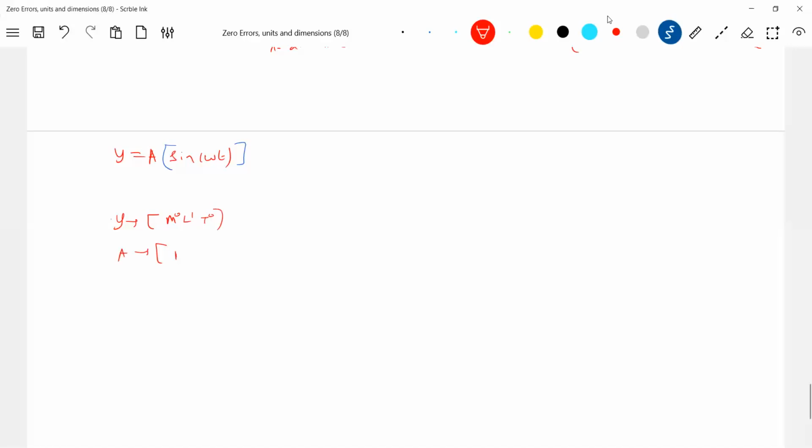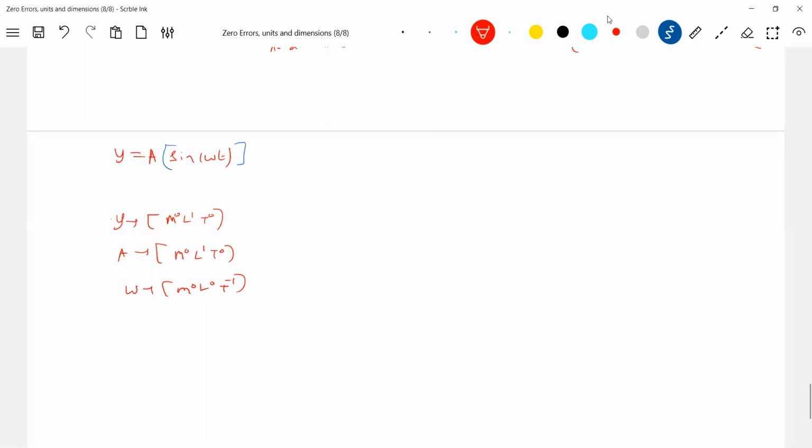The dimensions of omega are M0 L0 T minus 1. And time will have the dimensions of T. Like that we can keep on writing, there's no limit for this.